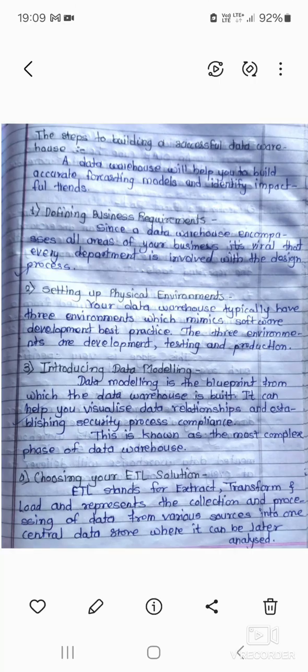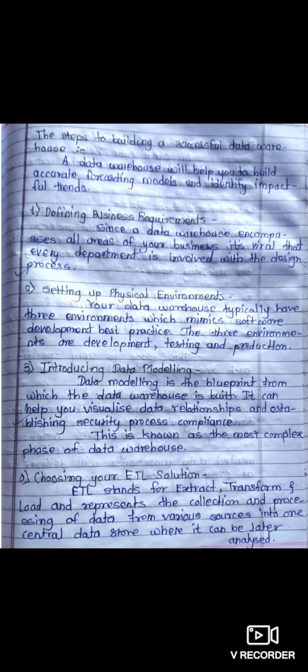Since a data warehouse encompasses all areas of your business, it's vital that every department is involved with the design process. Next is setting up physical environments. Your data warehouse typically has three environments which mimic software development best practice. The three environments are development, testing, and production.